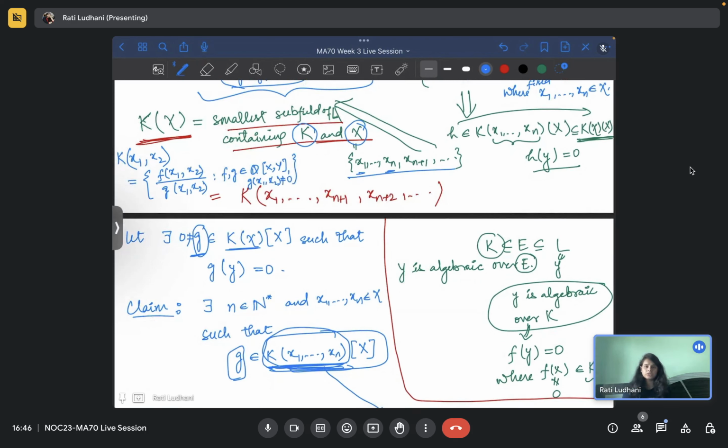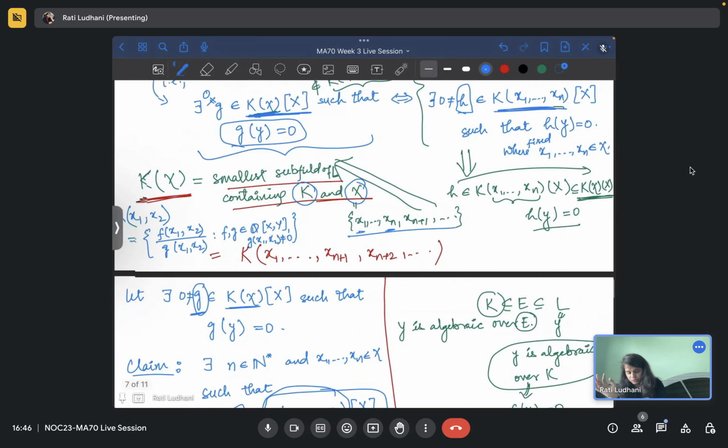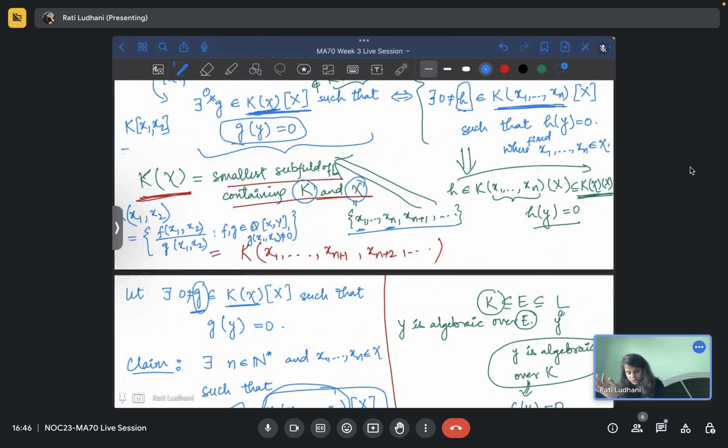What I mean to say is you have some polynomial. So what is this ring k[x1, x2]? It means you have all the polynomials in the variables, for example something like x1 square plus a x1 x2. You have a big expression, so it's polynomials in x1, x2.